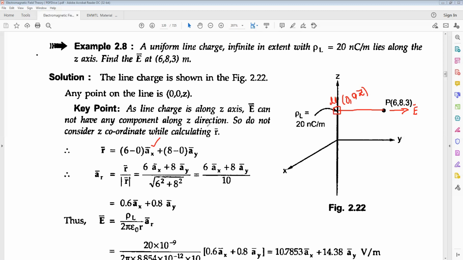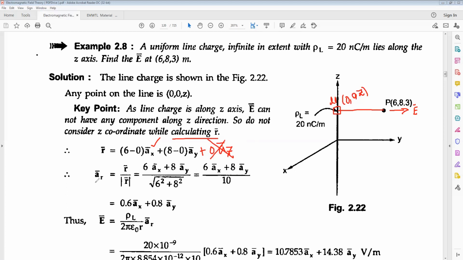So the z component is eliminated. So do not consider the z coordinate when calculating the R. So this value is 0 into az, eliminating the z bar component.